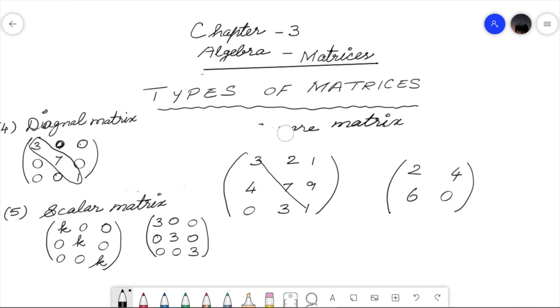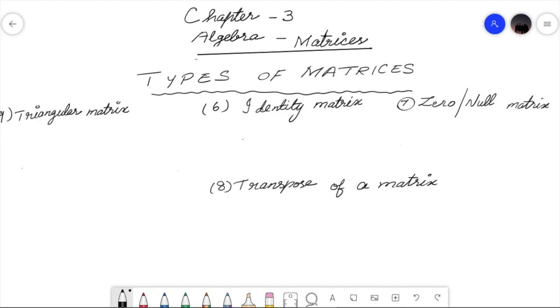Next, identity matrix. Identity matrix is a square matrix. Meantime, it is a diagonal matrix with the diagonal having the value of 1.